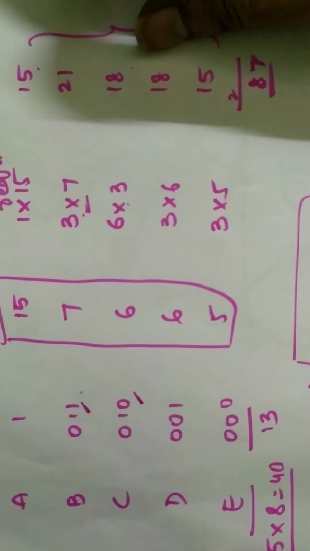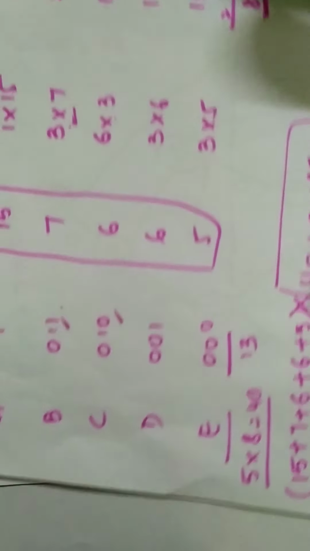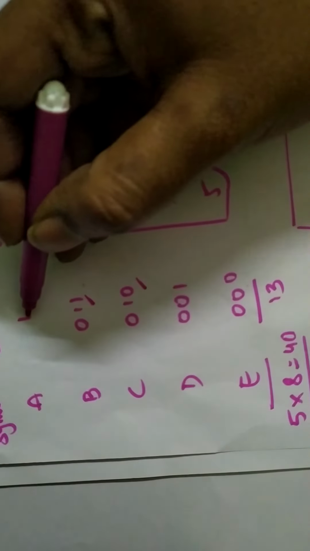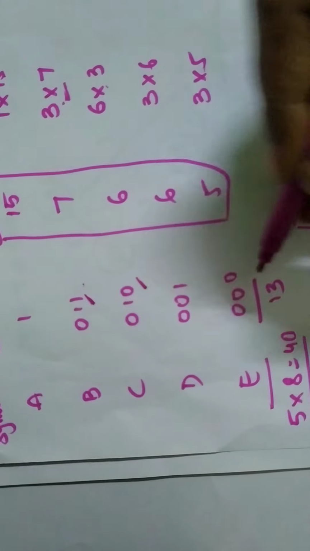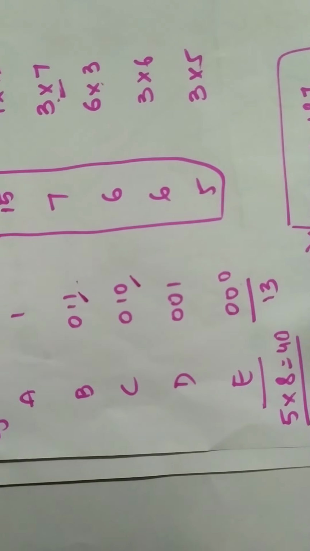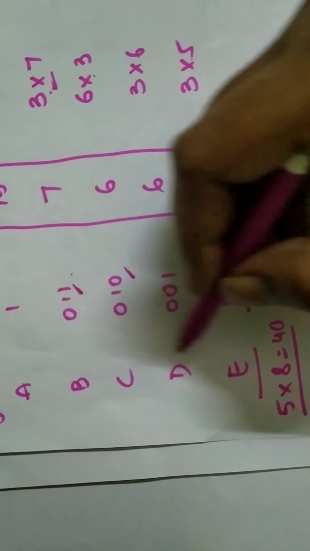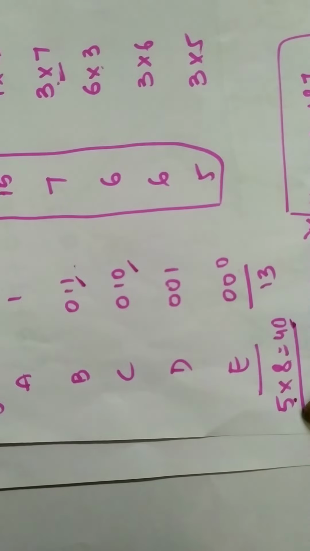Now the next step is to add these values. We will get 87. Now count all the code word digits: 1, 2, 3, 4, 5, 6, 7, 8, 9, 10, 11, 12, 13. So here it is 13. Now take the symbols in the text. How many symbols are there? 5 symbols. We know that each character requires 8 bits, so it gives us 40.